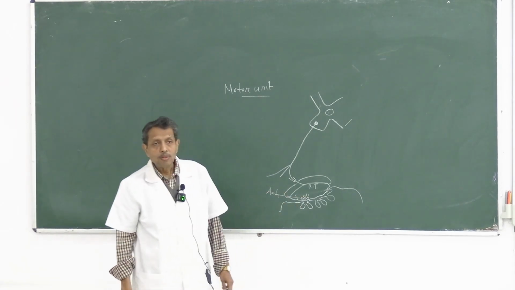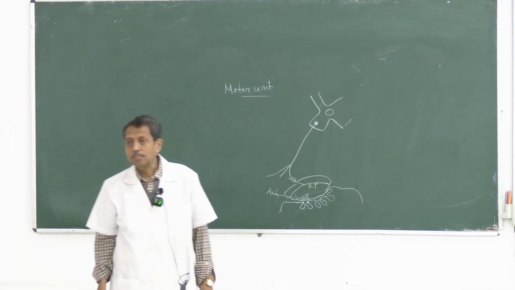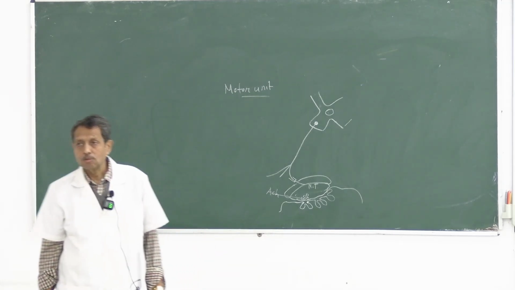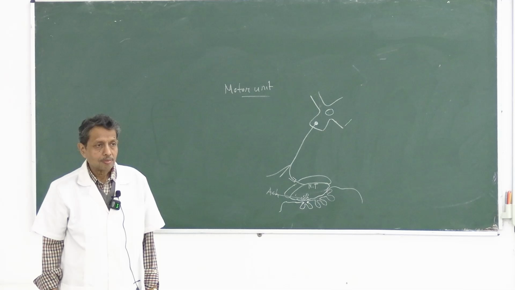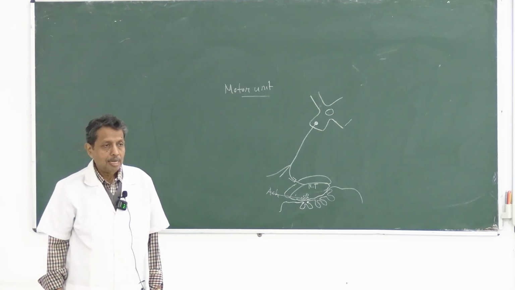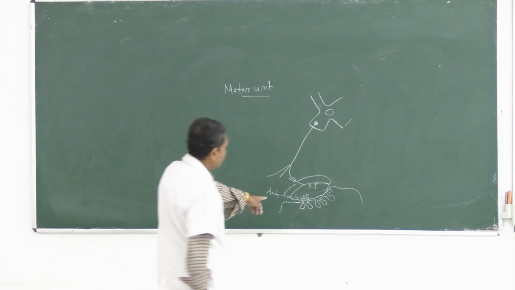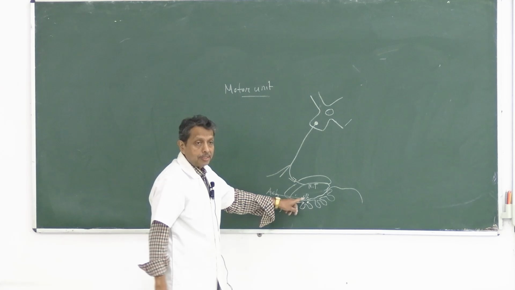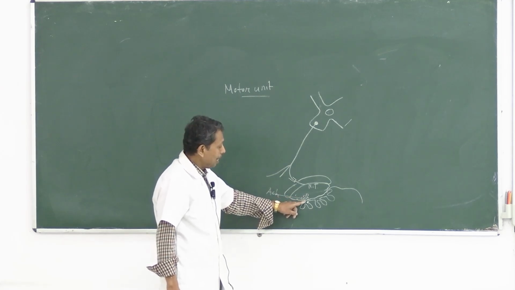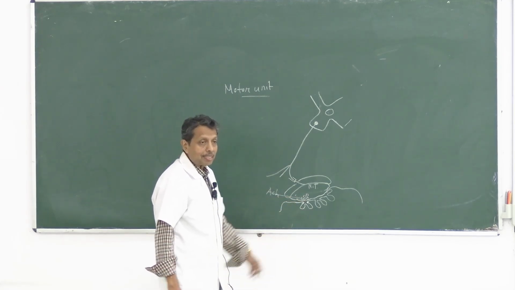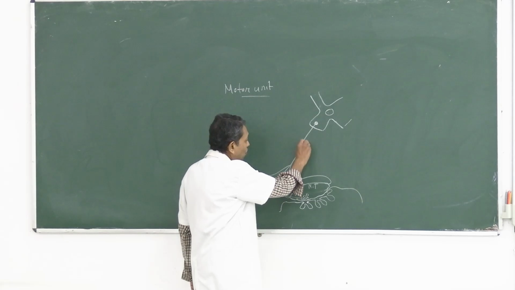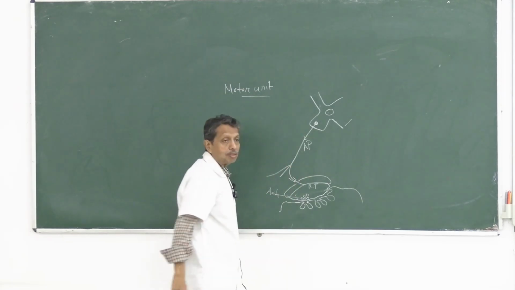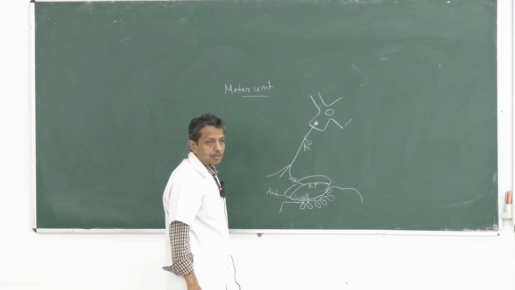It is similar to the synaptic cleft of the synapses between neurons. Acetylcholine is liberated in response to an action potential.